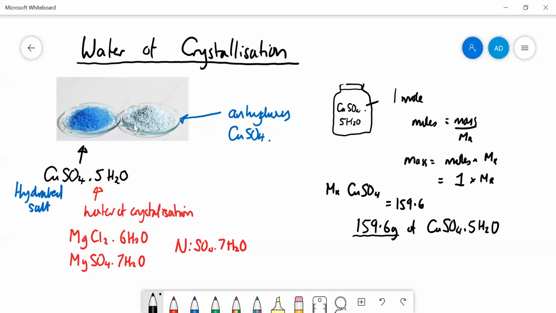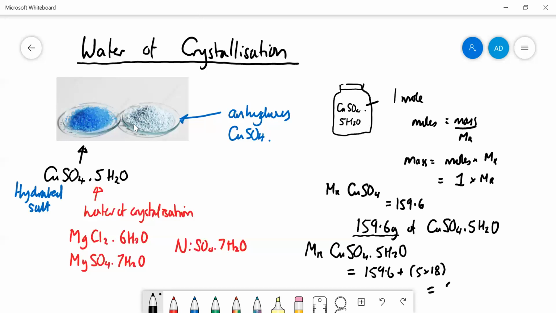So when you think about the Mr of the hydrated thing, you must work out the Mr of the whole thing, of the copper sulfate and the 5 H2Os. So that is going to be 159.6 plus water's 18, so 5 times 18, which is 90.